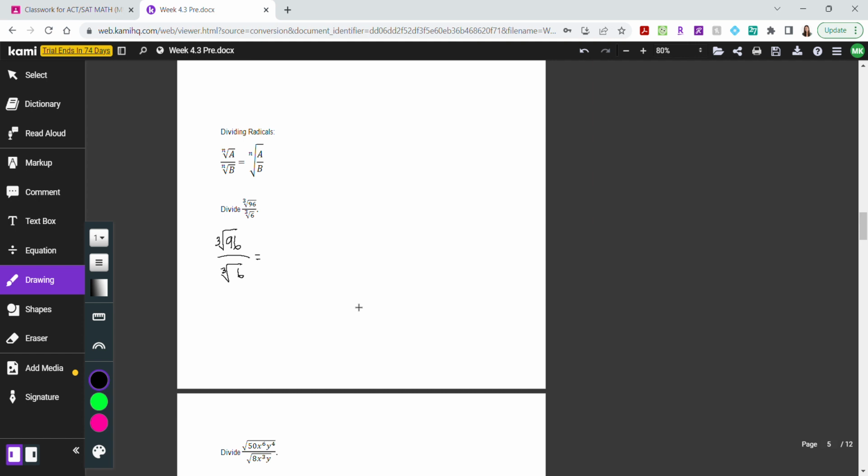Because they are both cube roots, I can just put them all under one roof, right? So like this. From here, when I divide it, I find out that I will get cube root 16. From here, let's see if I can simplify 16 any further. So I'm going to split it up.